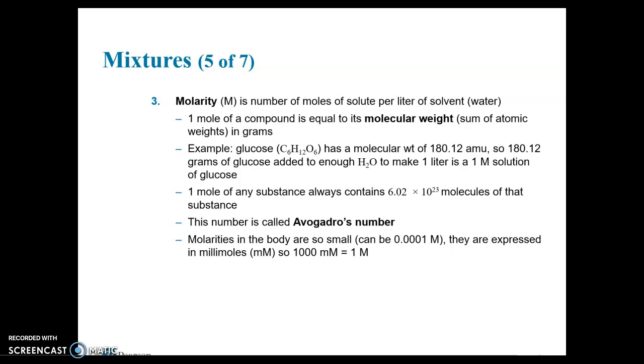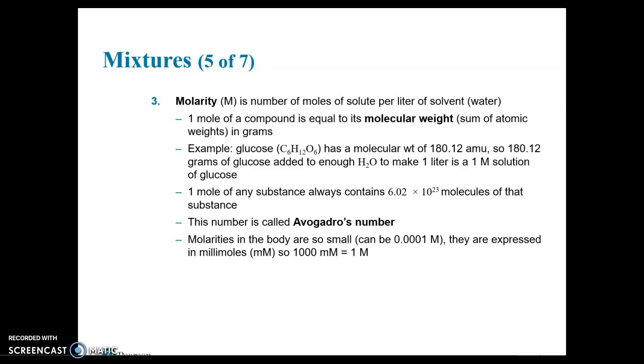So what that tells you is that if the molecular weight of glucose is 180.12, that means if you add 180.12 grams of glucose to enough water to make 1 liter of solution, then you would have a concentration of 1 capital M, or a 1 molar solution of glucose.